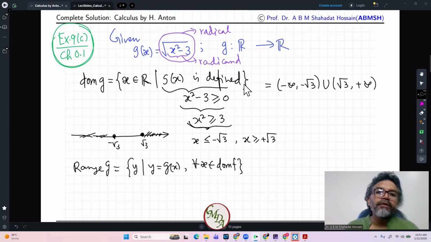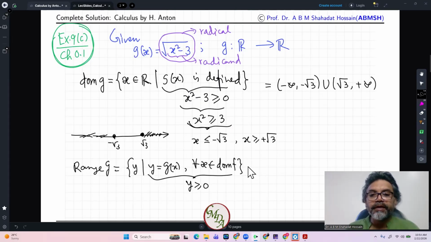The thing is, we already consider this is a radical expression and this will not give any negative values. So the minimum value would be always 0. So in this case y is always greater than or equal to 0 for a radical expression. So the range is from 0 to infinity.